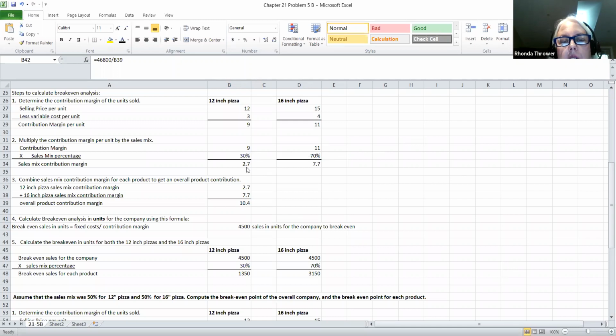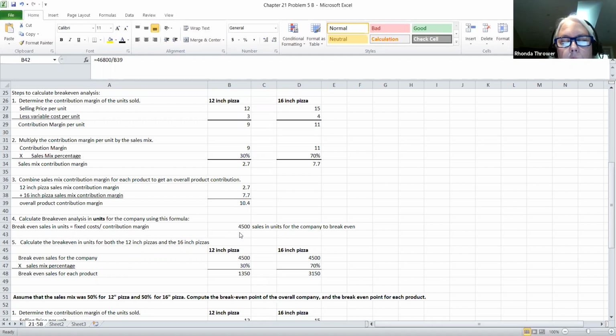And the main thing to remember is that you have to add together all of your sales mix contribution amounts for each product to find a total overall company contribution margin. And that contribution margin is divided into the fixed cost for the company, and that will tell them how many units they need to sell to break even.